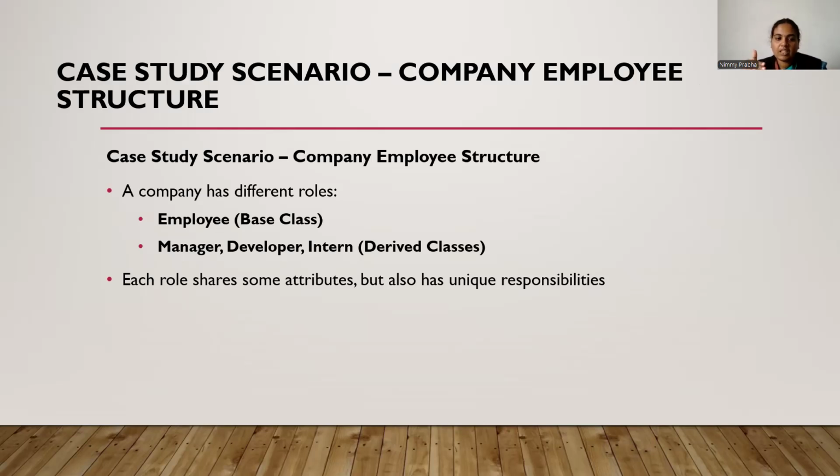Each role shares some attributes but also has unique responsibilities. All three roles have some basic properties, so we will derive those basic properties from the base class, something like employee ID and salary details, which are the basic things in manager, developer, and intern.